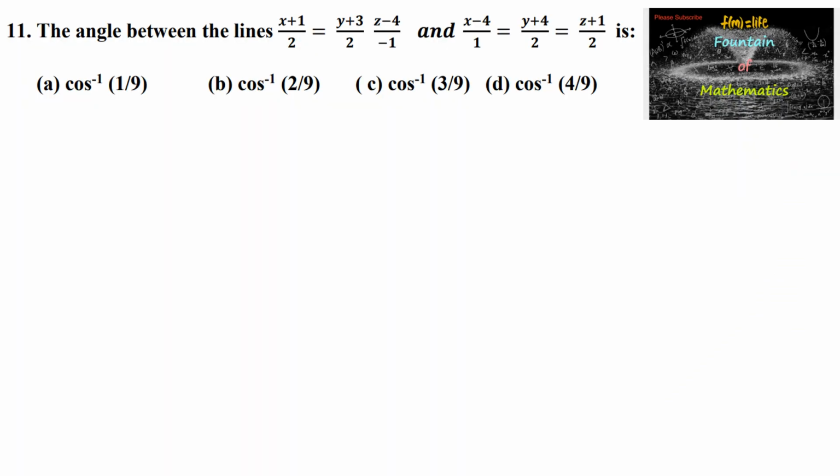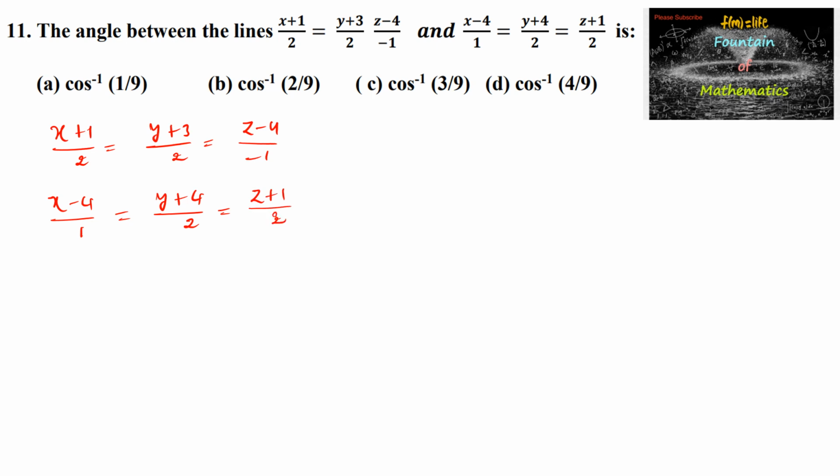Find the angle between the lines (x plus 1) upon 2 is equal to (y plus 3) upon 2 is equal to (z minus 4) upon minus 1, and another line (x minus 4) upon 1 is equal to (y plus 4) upon 2 is equal to (z plus 1) upon 2.